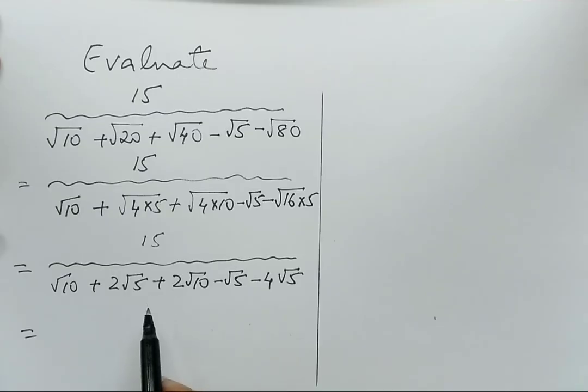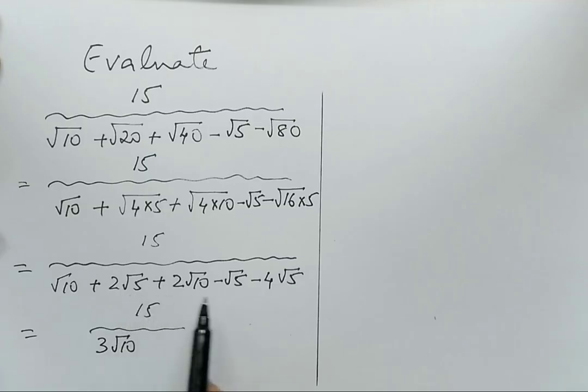So ultimately we have 15 upon 3 root 10, and what about this? Root 5, 2 root 5 here, and we have 4 root 5 of negative root 5, which means we can also write as minus 3 root 5.